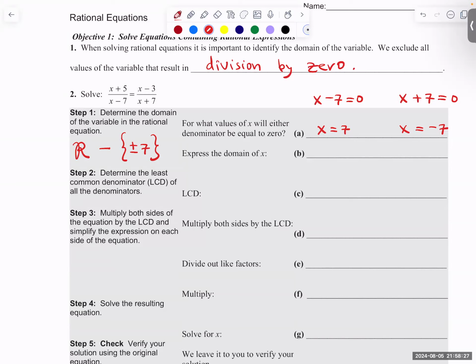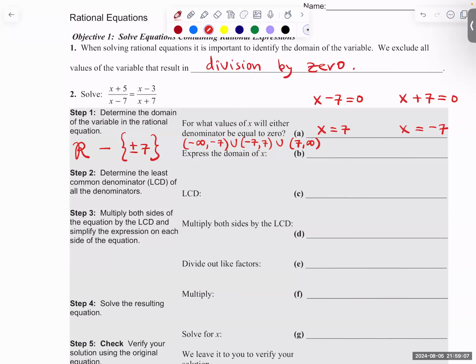The domain is any real number in the interval negative infinity to negative 7, or any real number between negative 7 and positive 7. Parentheses exclude the values negative 7, positive 7, and the U symbol means or, which also means union, or it's possible the solution could be greater than 7.